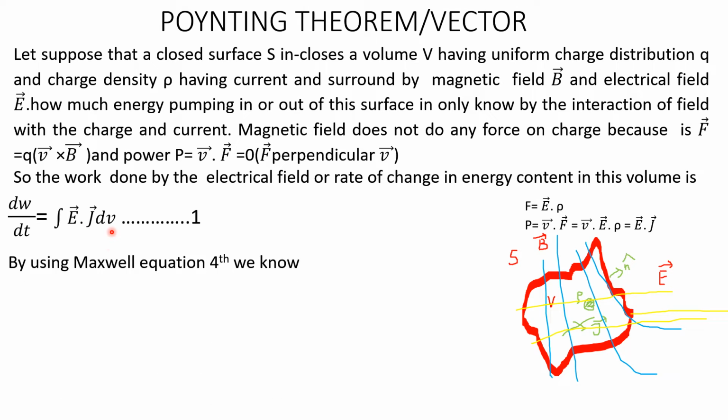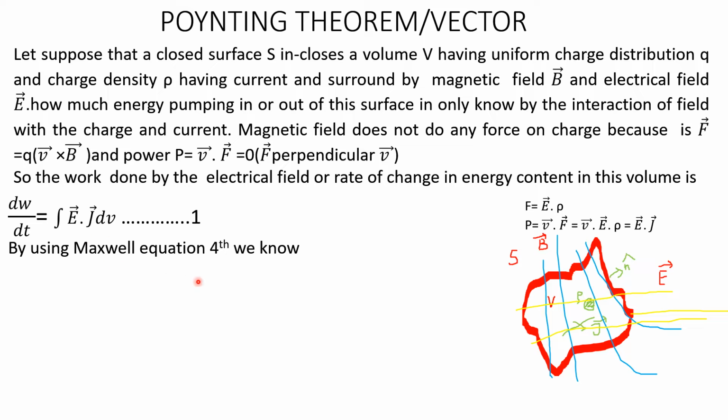Now, by using Maxwell's fourth equation, what is Maxwell's fourth equation? Del cross B is equal to mu naught times J plus epsilon naught times del E by del t.